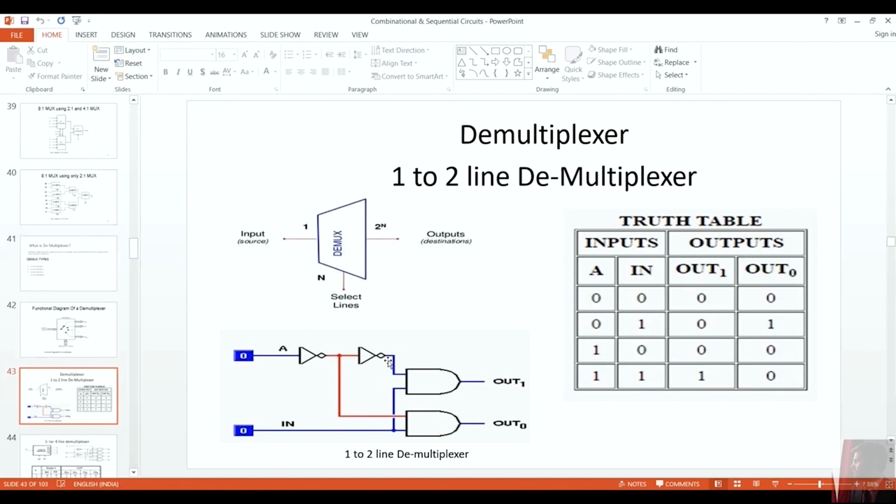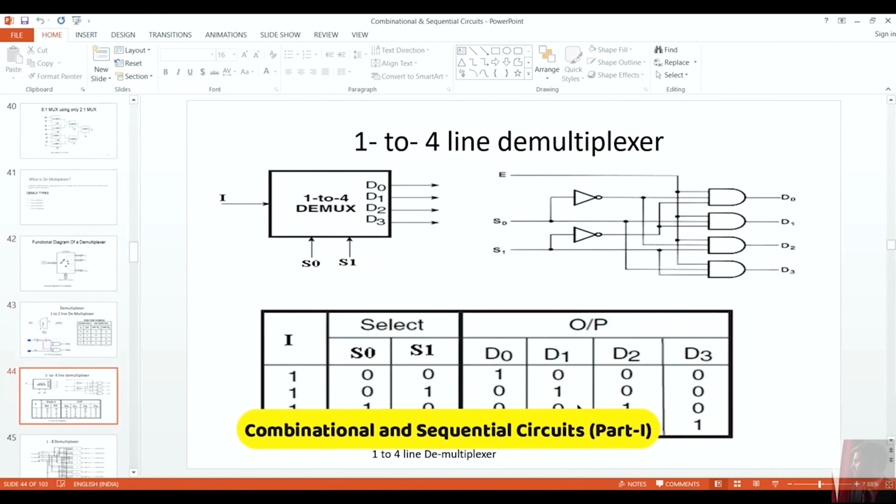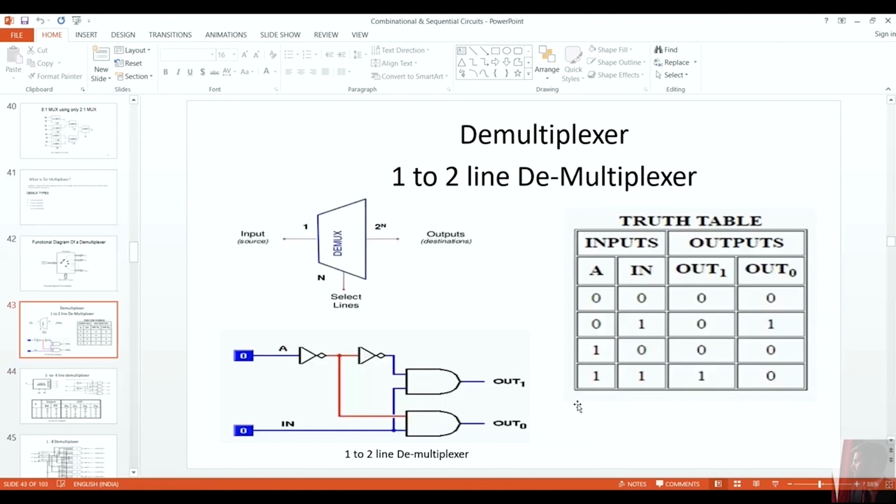In the 1 to 2 line demultiplexer, you can see the input, and you can see the NOT gate we are going to use for the select line, and the 2 outputs that are there, because we are talking about the 1:2 demultiplexer. So it is totally opposite to the multiplexer, right? Again, in the 1 to 4 demultiplexer, the input is 1 and outputs can be 4: D0, D1, D2, D3.